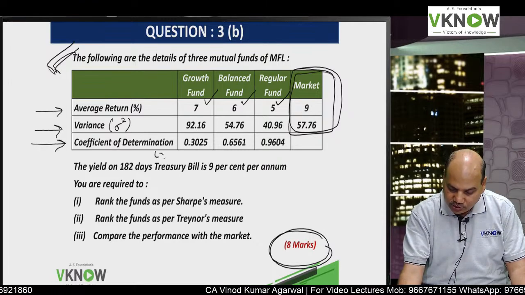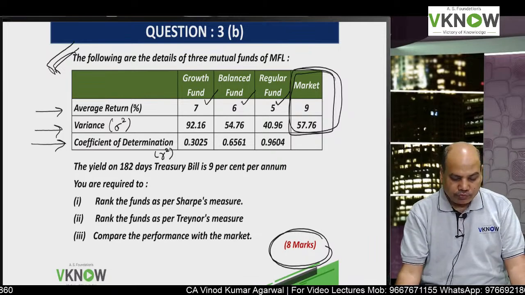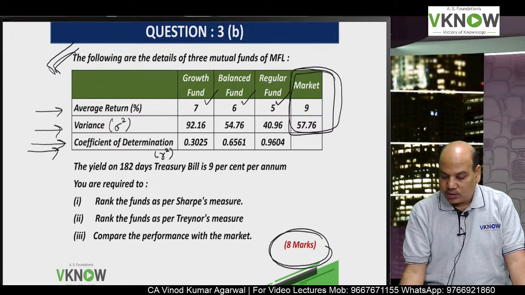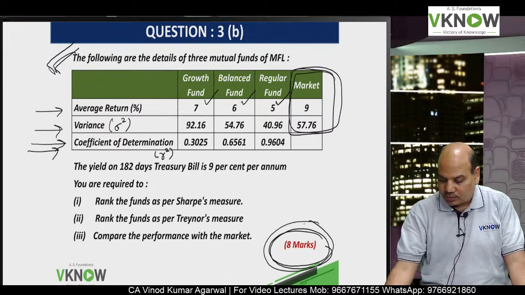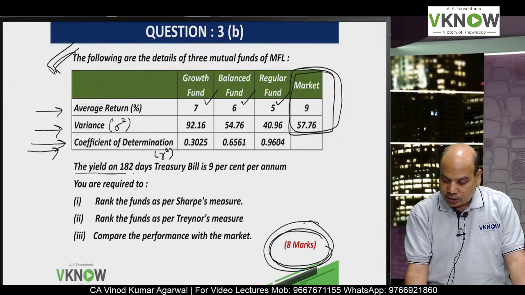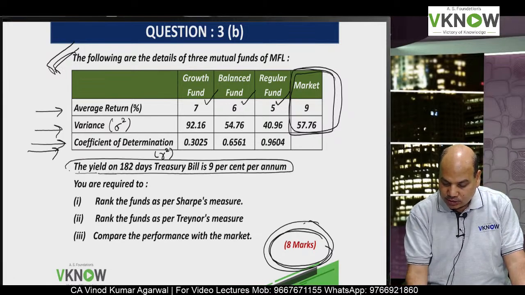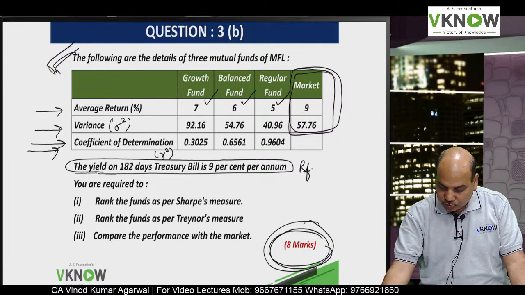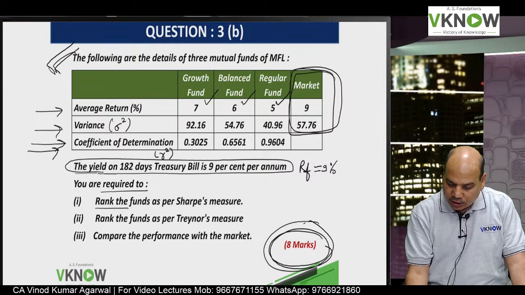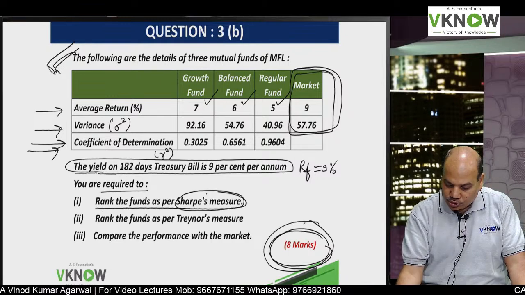Coefficient of determination means R square, correlation square. If you don't know this, you won't be able to solve and you will lose 8 marks. The yield on 182 days treasury bill is 9% per annum. So RF is 9%. Rank the funds as per Sharpe ratio.